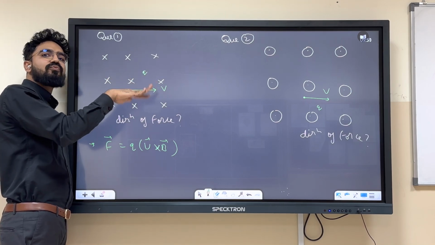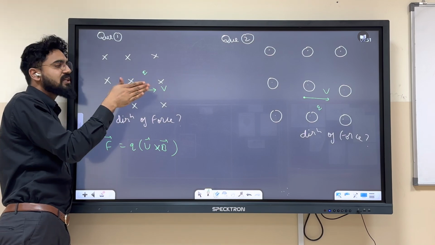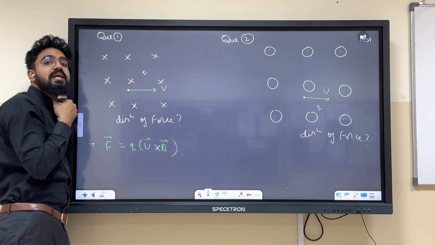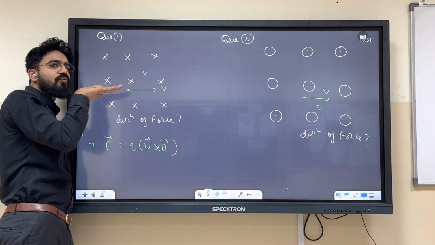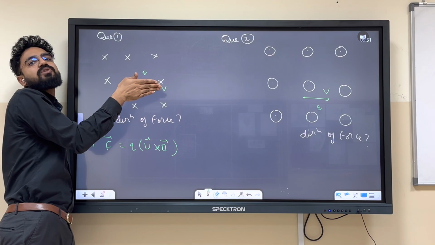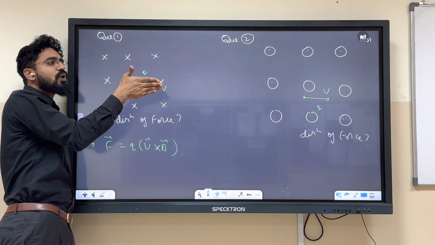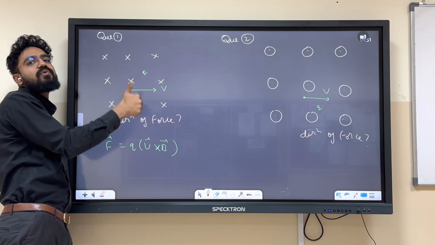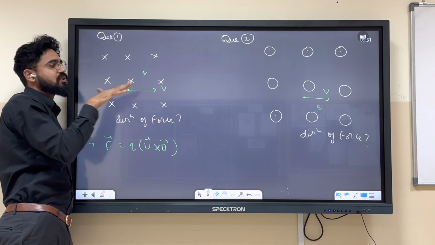But if I have to fix the direction of this palm, I will say the magnetic field B is inside. So V, and I am moving and curling the fingers towards B. V cross B, so force is upward. The thumb will show us the direction of force.